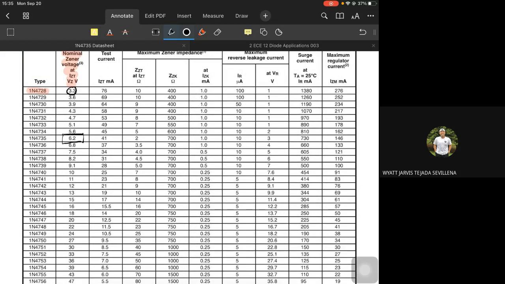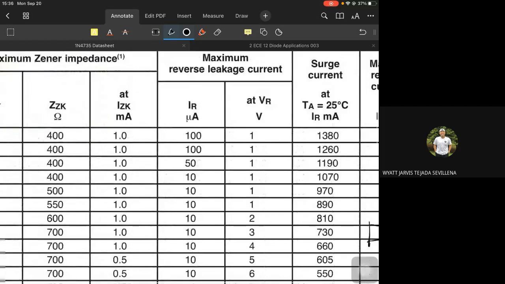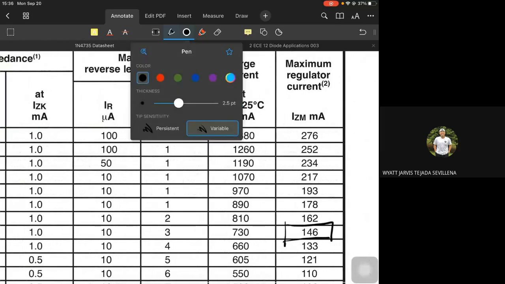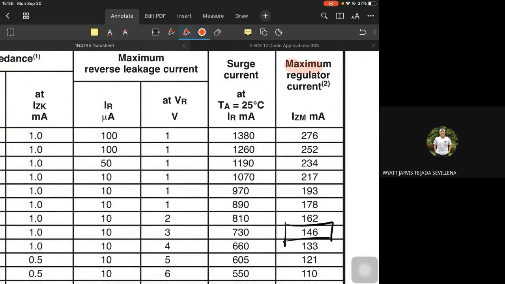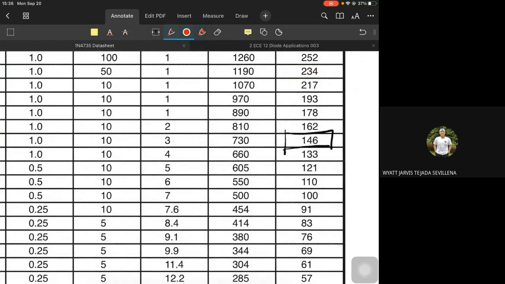Following the 1N4735, most of the time you can ignore the other values, except again for the nominal Zener voltage and the maximum regulator current. This one, meaning the maximum current through it, is 146.